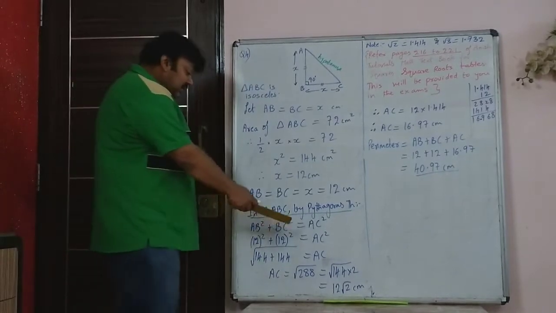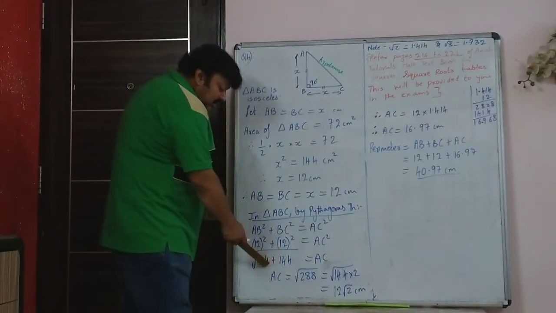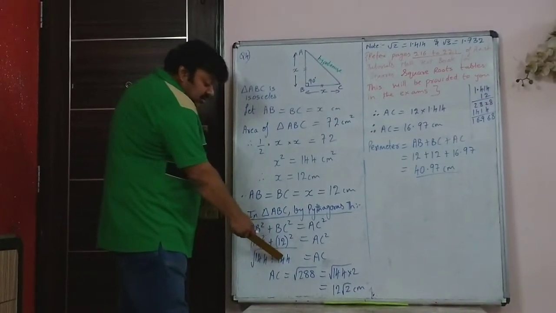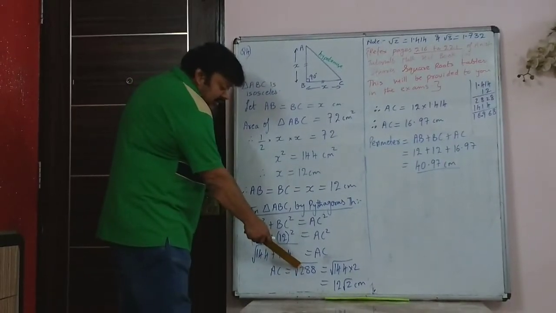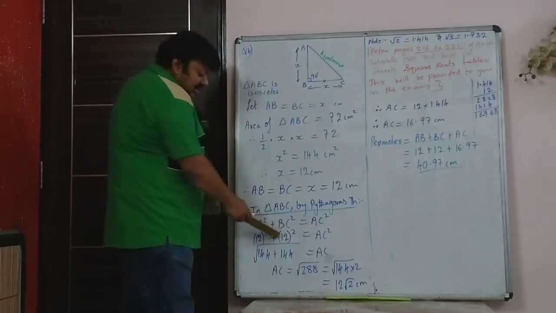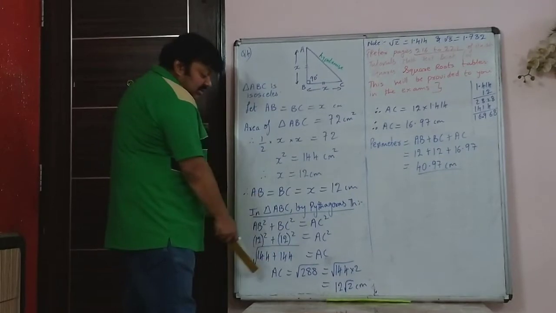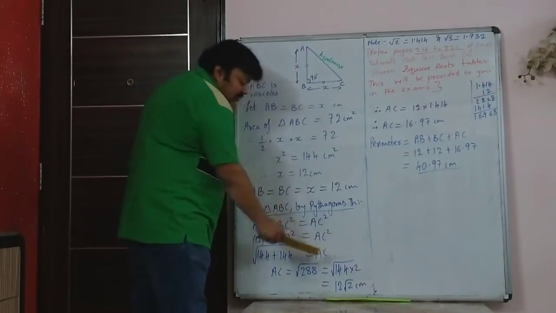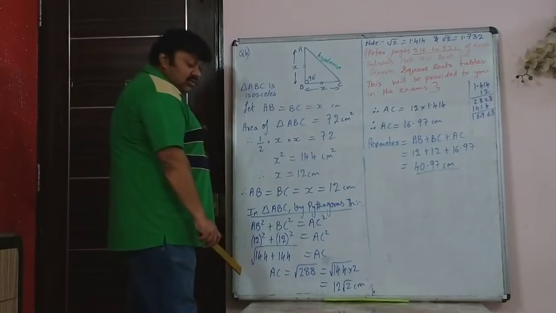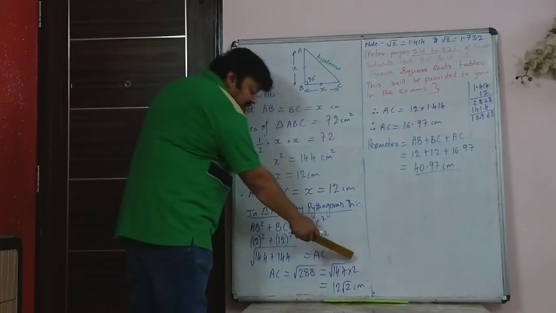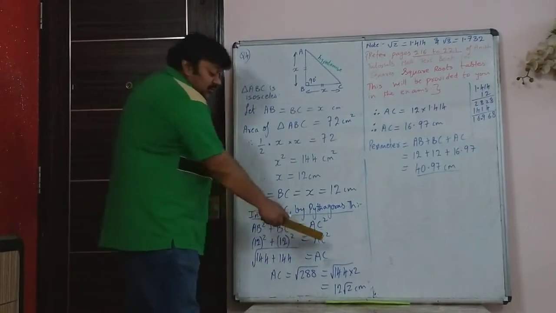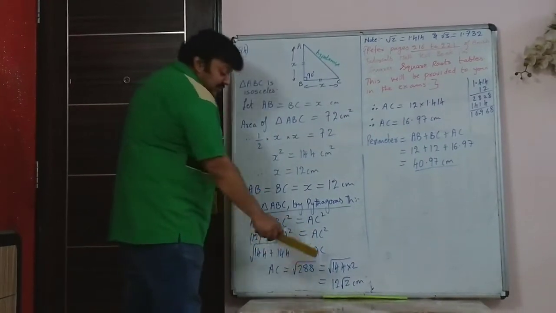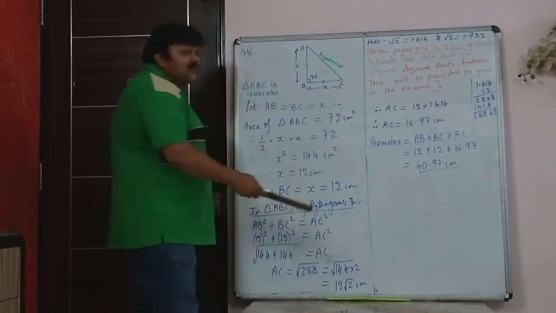AC squared is 288. So AC is root 288. Now 288 can be written as 144 into 2. So root 144 into root 2. Root 144 is 12 and root 2 we have to find.